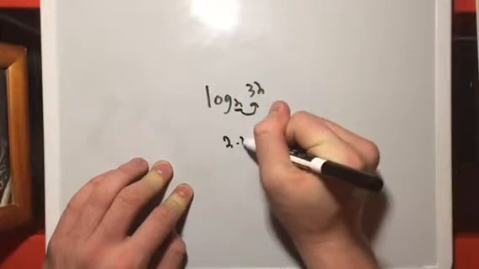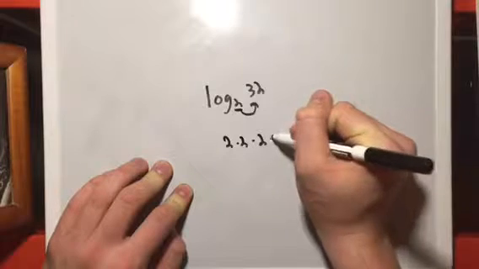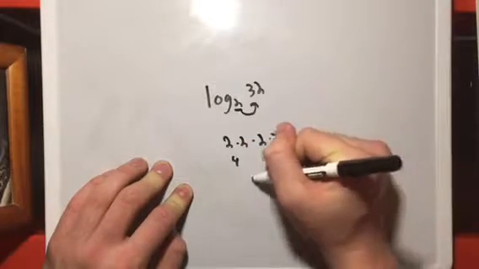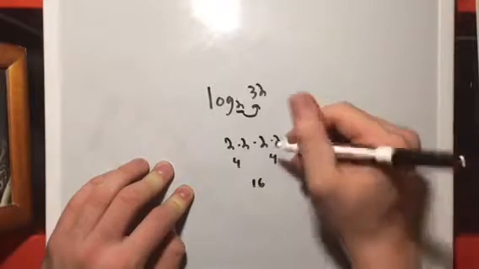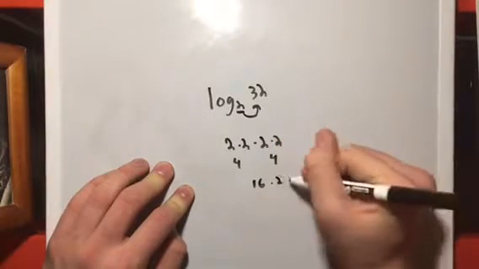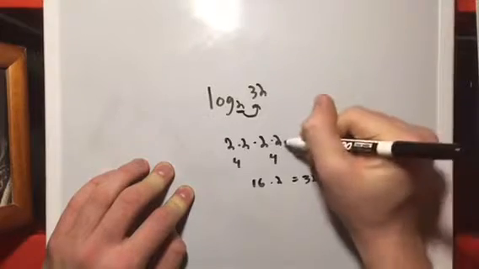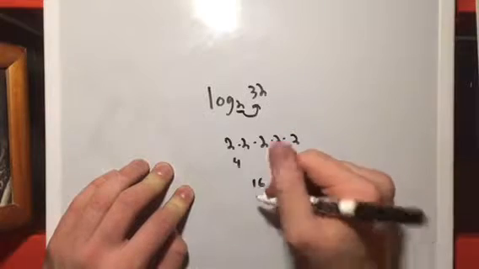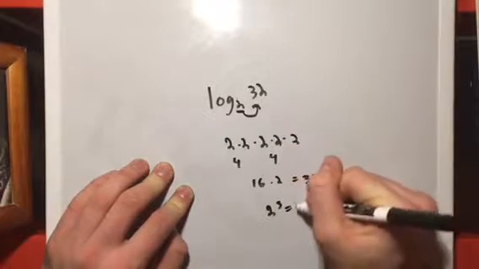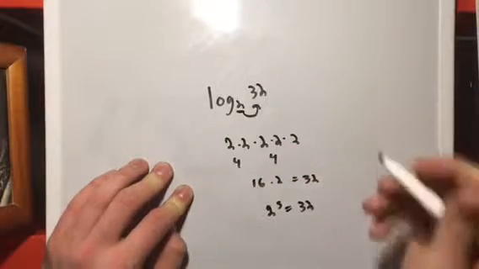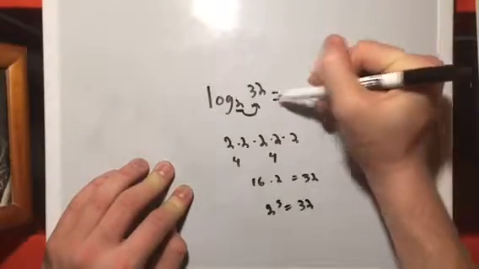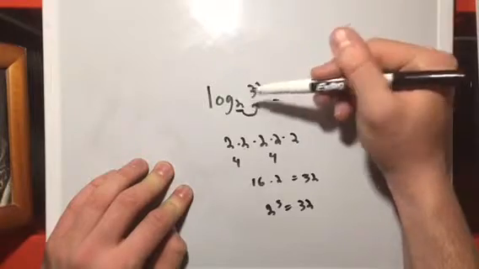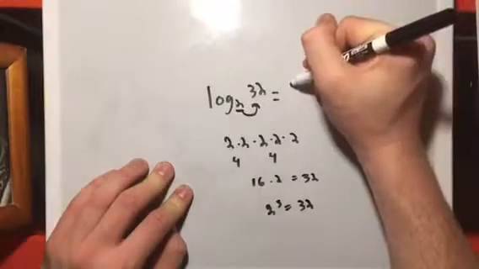Well, we know 2 times 2 is 4, 4 times 2 is 8, 8 times 2 is 16, and then 16 times 2 equals 32. So we can add on another 2 right here. So that was 5 2s. So 2 to the power of 5 equals 32. So log base 2 of 32 equals 5. So our answer right here would be 5.